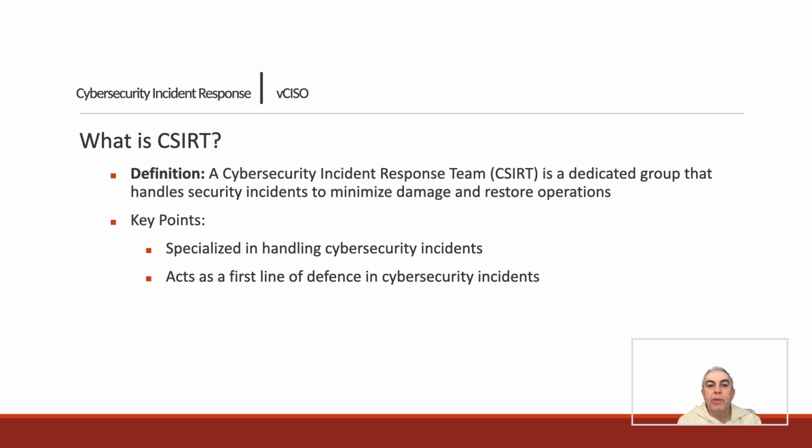So the key point that we're going to take away from this slide is that the CSIRT is the team that is specialized in handling cybersecurity incidents and acts as a first line of defense in cybersecurity incidents.